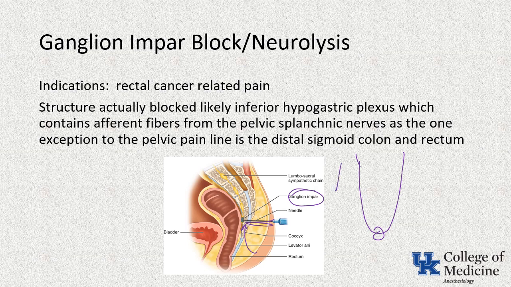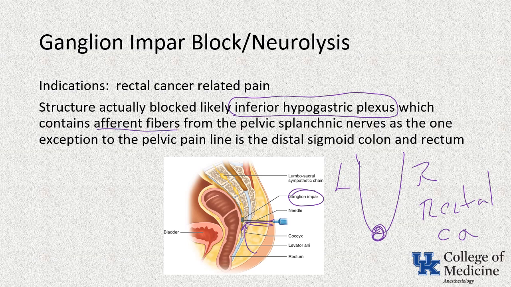The sympathetic chain on both sides actually connects at the bottom, and this is for rectal cancer. Most likely, what we're actually blocking here is the inferior hypogastric plexus, which contains afferent fibers from the pelvic splanchnic nerves.